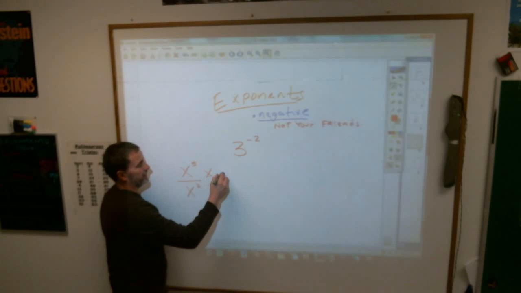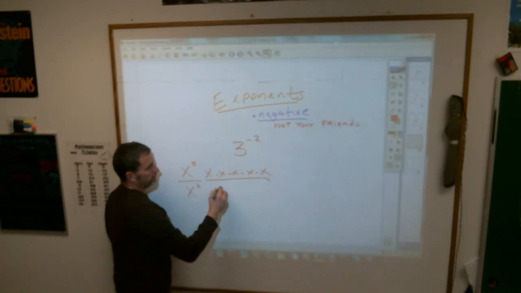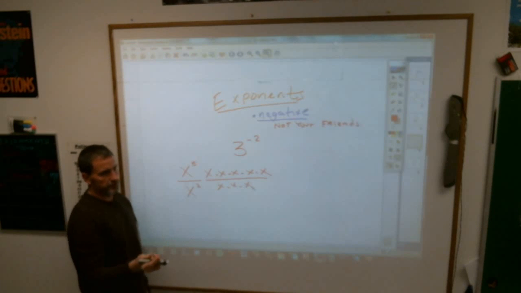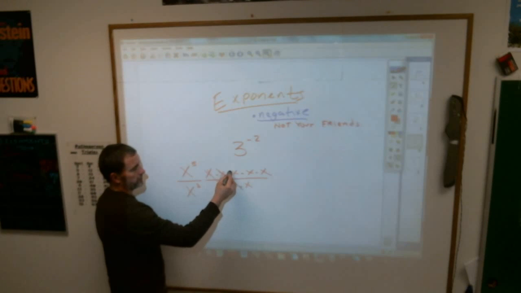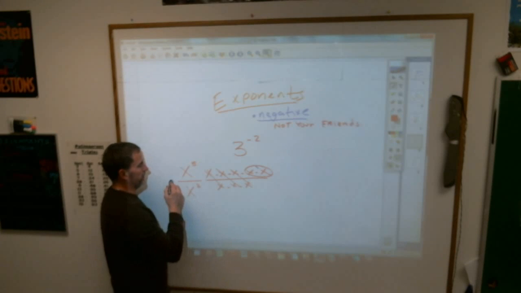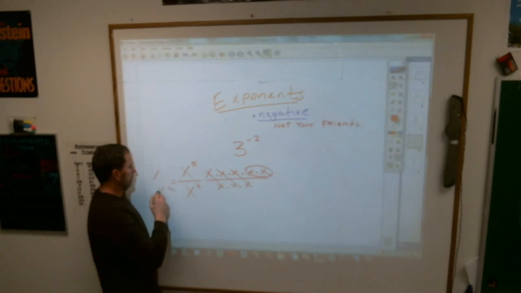You would write 5 x's on top, and you'd write 3 x's on bottom, and you would cross off the ones that cross off, which would give you what for your answer? Cross, cross, cross. You're left with x squared, right?